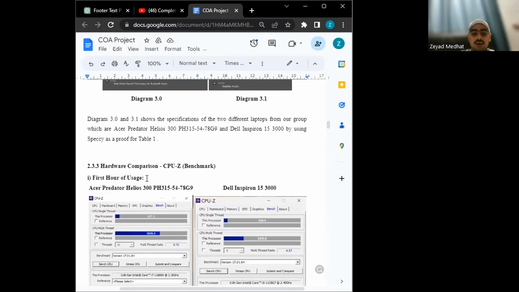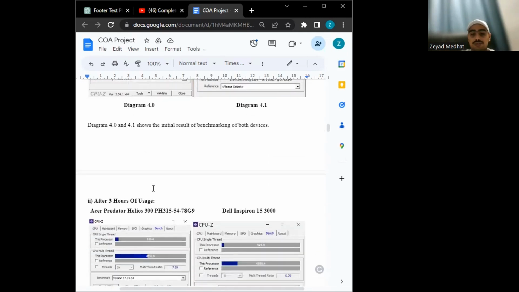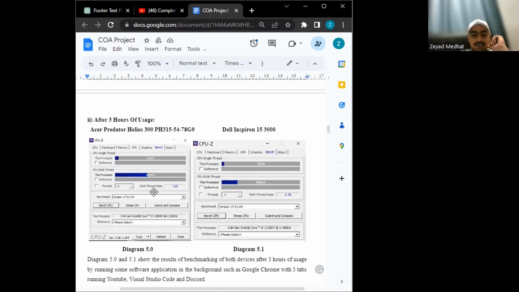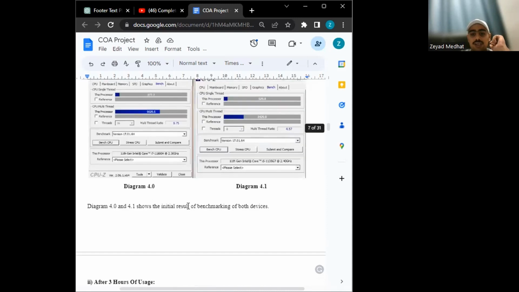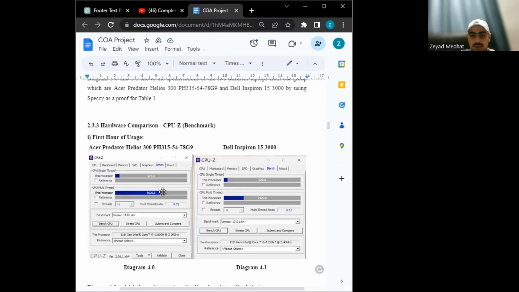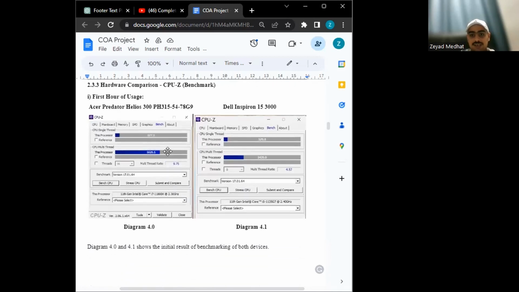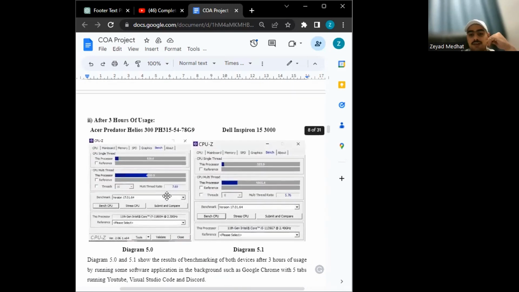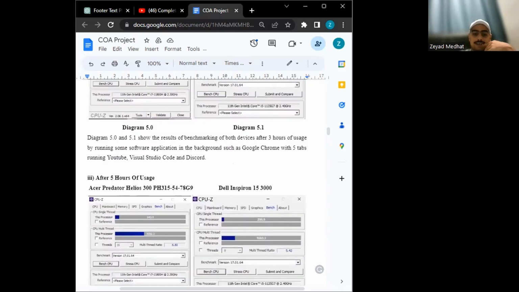We can see here the first hour, 3 hours, and even after 5 hours into testing, the Acer Predator maintained a higher multi-thread ratio from the first hour. It's very obvious, very clear, the Acer Predator had the upper hand in this testing.